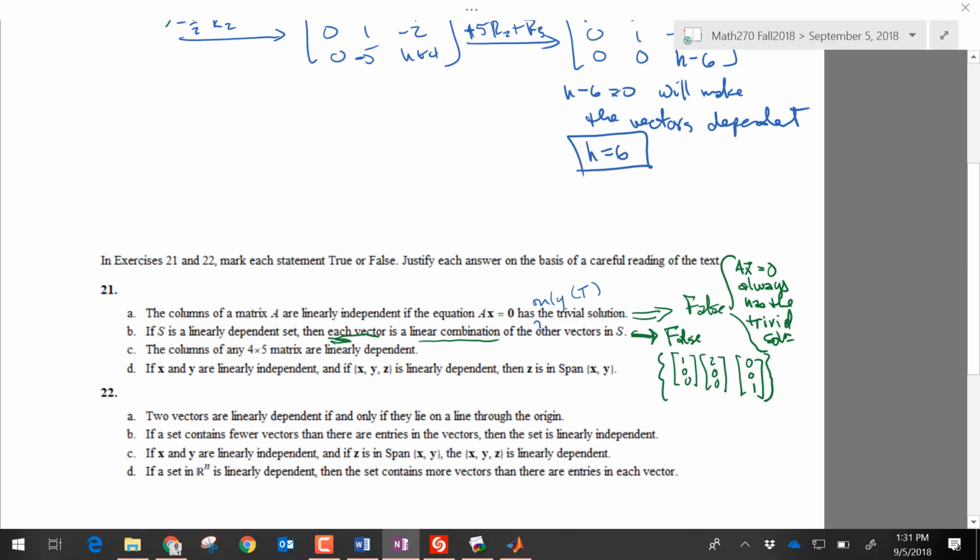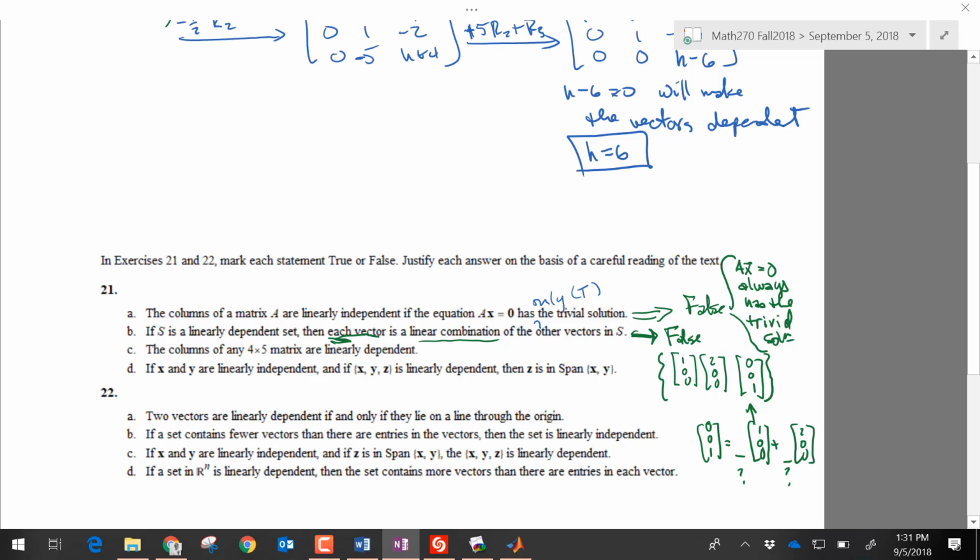But now I'm asking every vector in this set has to be able to be written as a linear combination of the other two. So the question is, can we write 0, 0, 1 as a linear combination of 1, 0, 0 and 2, 0, 0?